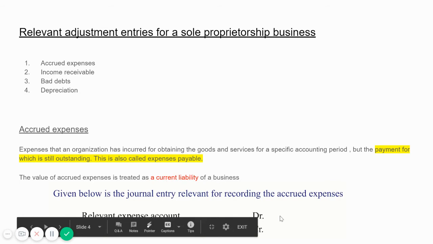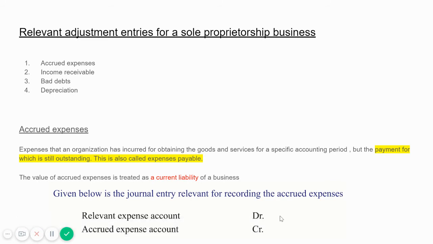How come it becomes a current liability of the business? Because in another few months' time, or during the next accounting period, we are going to pay this. So until then, it's a liability of ours. So thereby, we will be treating it as a current liability.